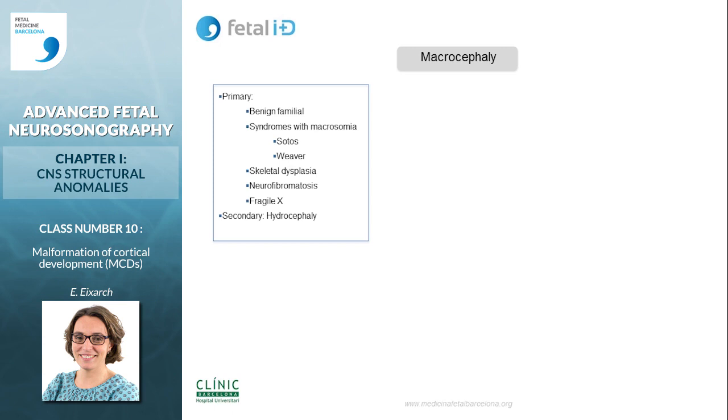Regarding the primary macrocephaly, the most frequent one is the benign familial, representing 50% of cases, having an autosomal dominant inheritance, with a previous familial history, being 4 times more frequent in males than in females, with an increased subarachnoid space, and a good prognosis with a normal IQ.